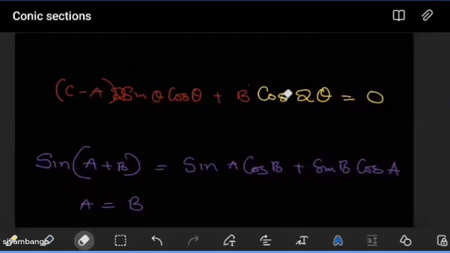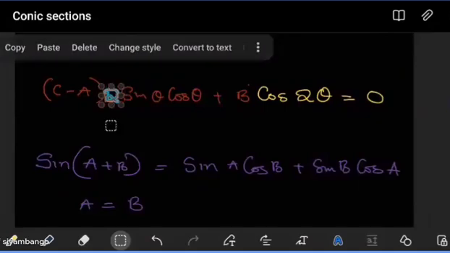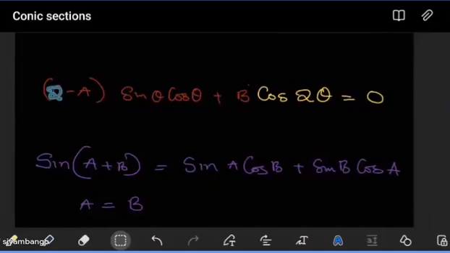Now, the first part of the expression was this. The two was somewhere here, but I just put it here for clarity. It doesn't matter the position of the two, since all this is multiplying.